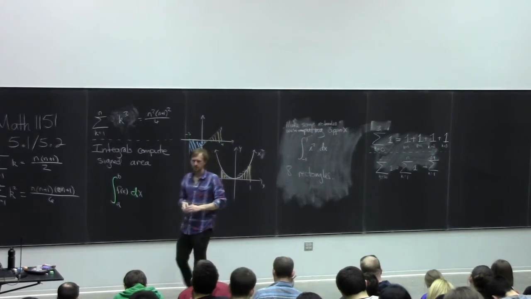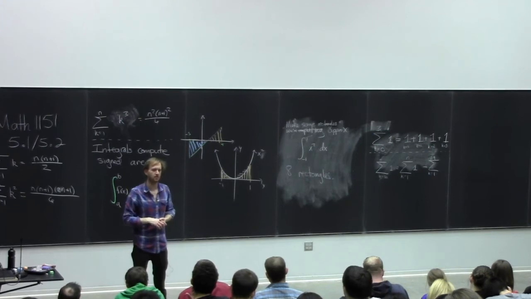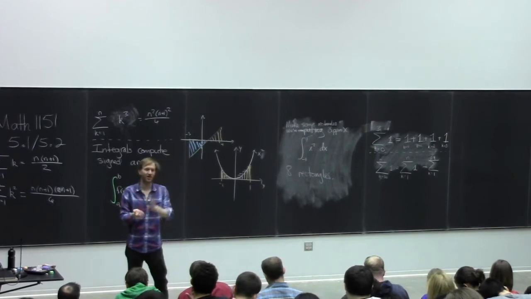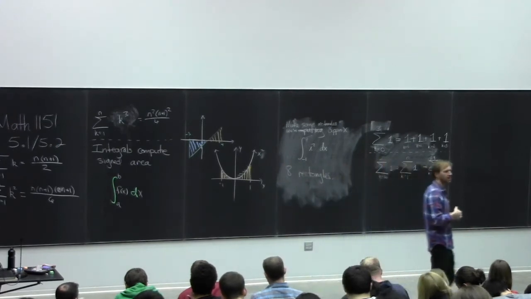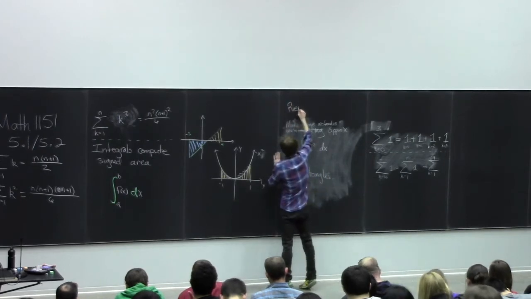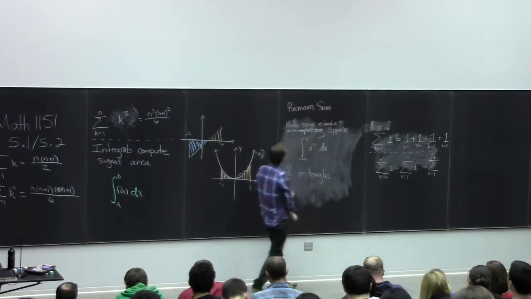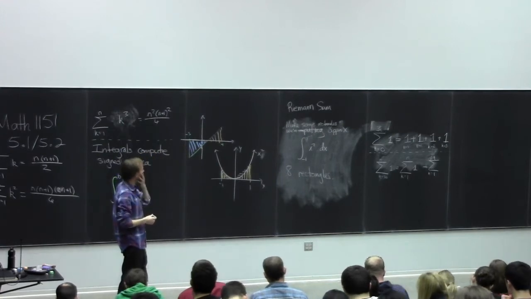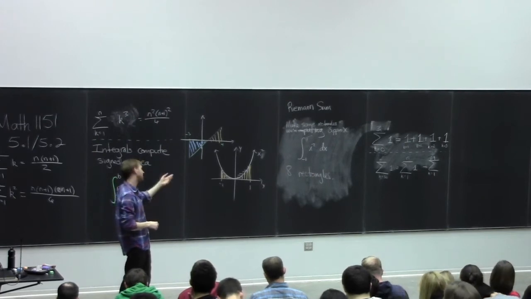A standard problem would say, approximate this integral using what we're doing here, which is called a Riemann sum. So the problem would say, use a Riemann sum with 8 partitions or 8 intervals to approximate this thing. So that means 8 rectangles.